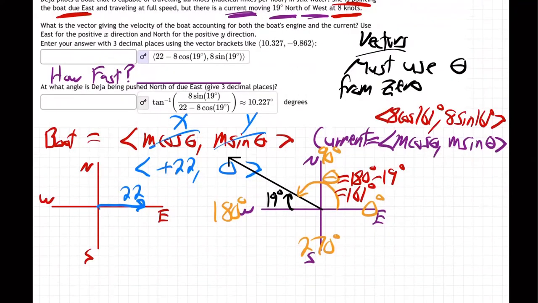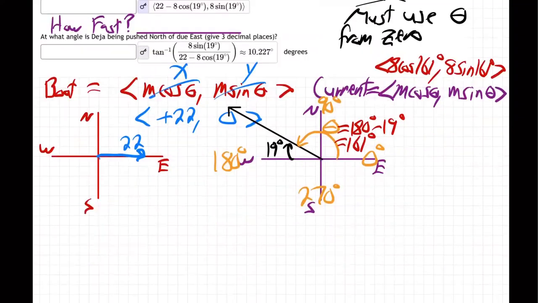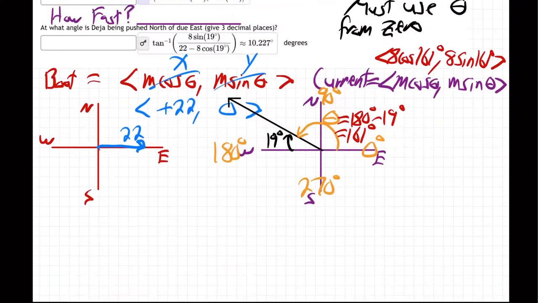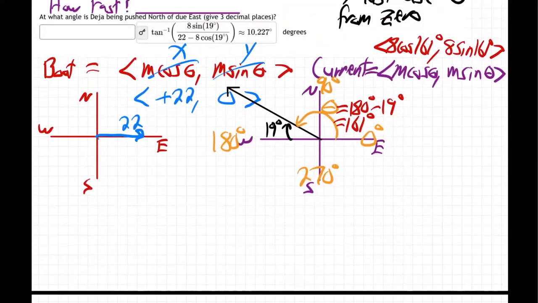Now, we want the result now. In the boat, we want to find the velocity of the boat, accounting for both engine and current. So let's add these two together. Get a little more space for us here. Okay, so we're going to add these together to get the result. So we've got the boat vector, which we already figured out is plus 22, comma 0 right there.